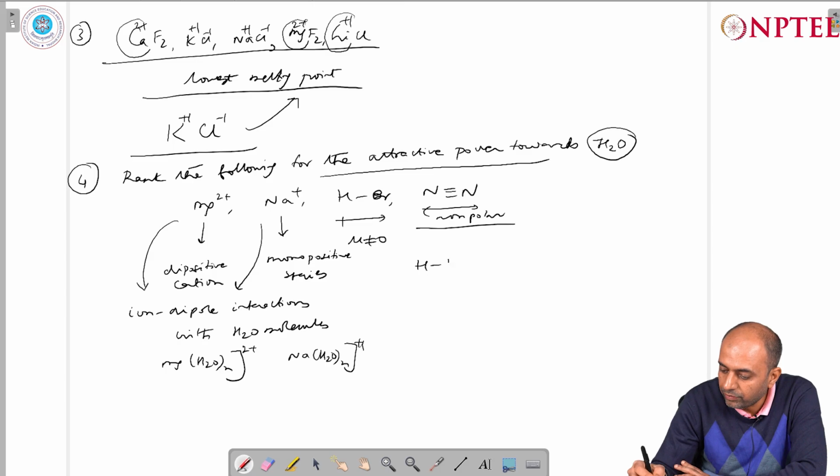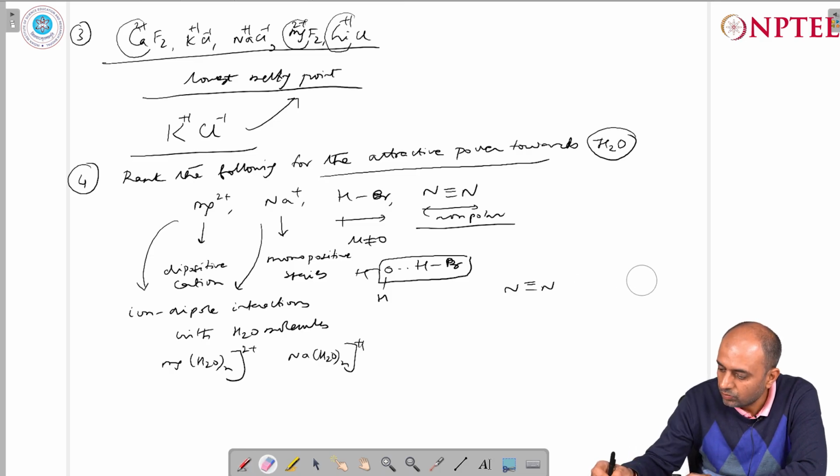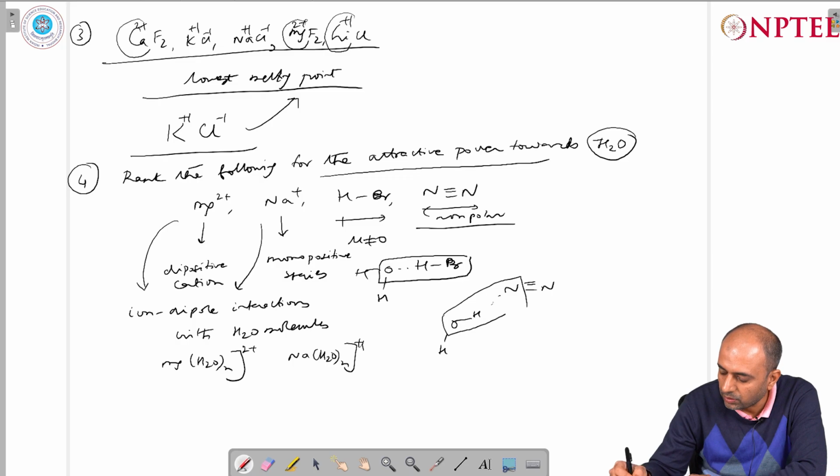HBr is going to have a dipole interaction such that it forms a hydrogen bond, BrHO hydrogen bond, and nitrogen is going to engage in extremely weak hydrogen bonds with the water molecules. So this is going to be the OH and hydrogen bond.